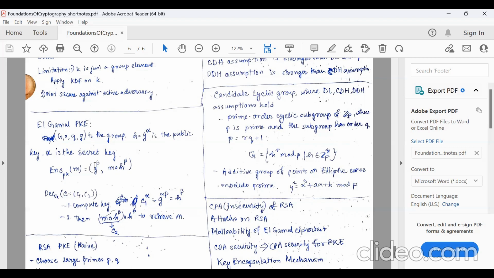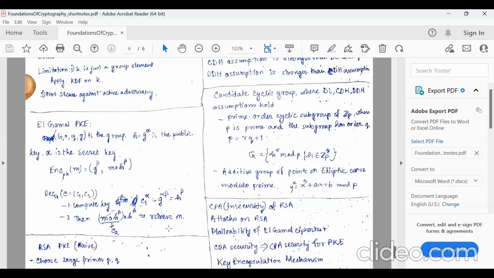Note that C1 is nothing but g to the power beta, and raising it to the power alpha gives us g to the power alpha beta, which you can also write as h to the power beta, and your component C2 has the form m dot h to the power beta, and with that if you just again apply the same operation h to the power beta on it, you will be left with the message m only.